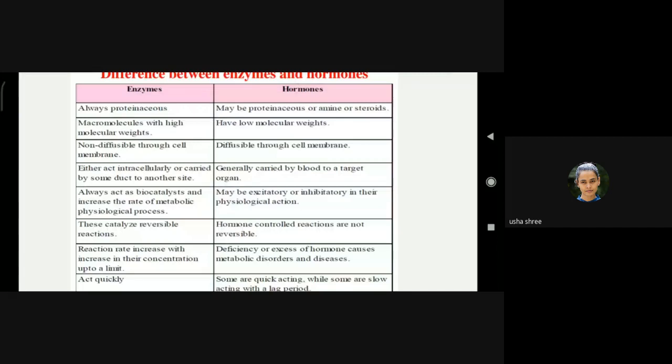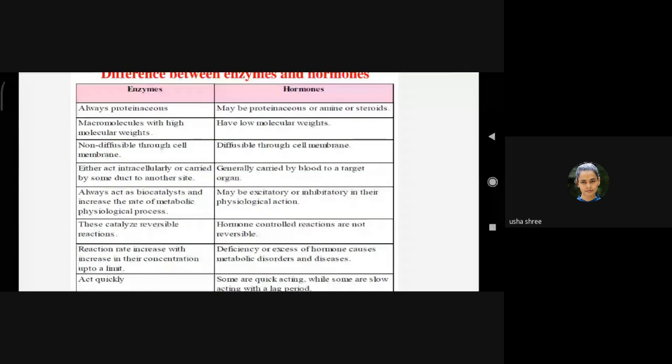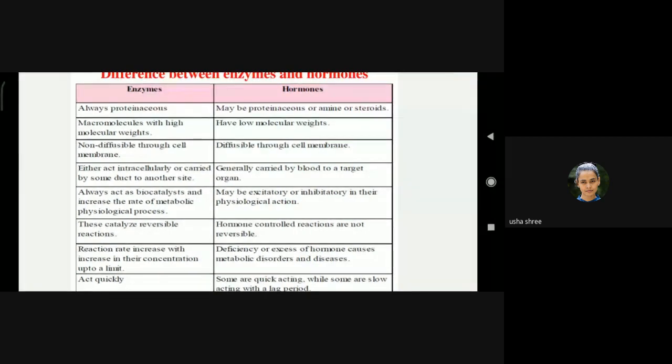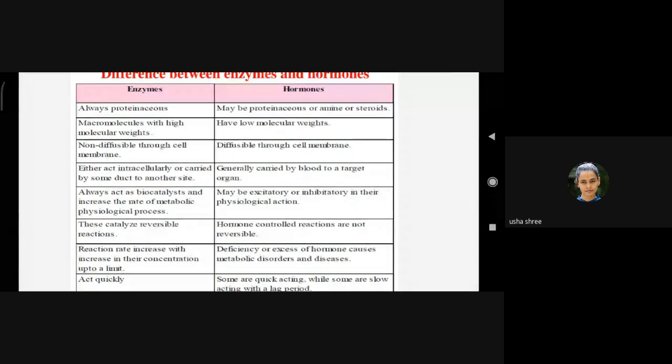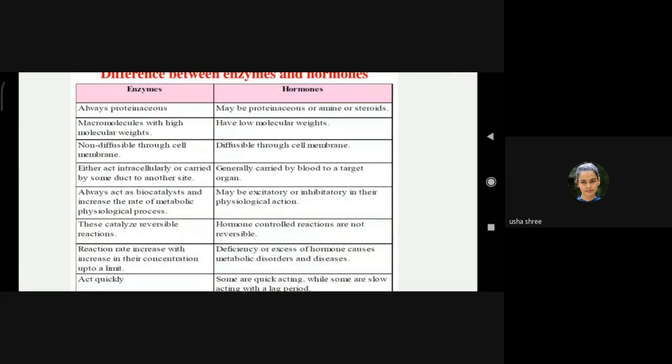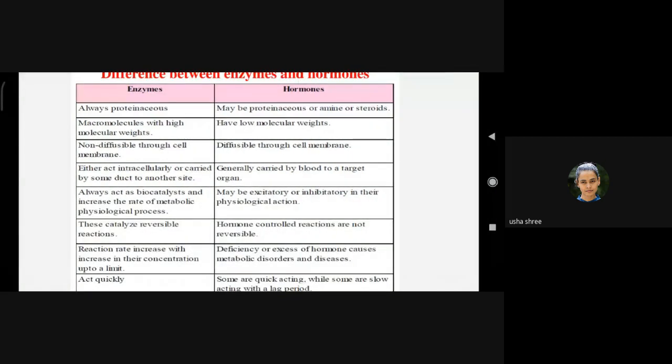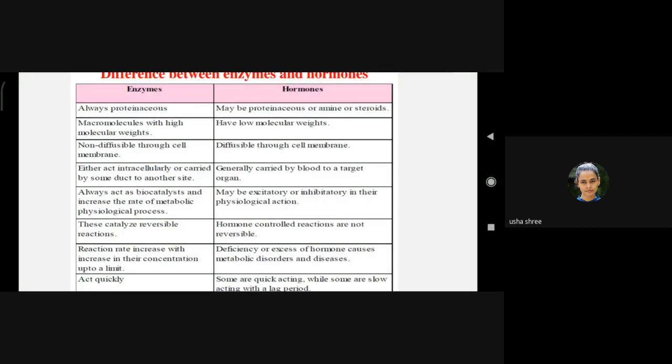But hormones may be excitatory or inhibitory in their physiological action. Means hormones may become excitatory, stimulating something, or they may be inhibiting something.